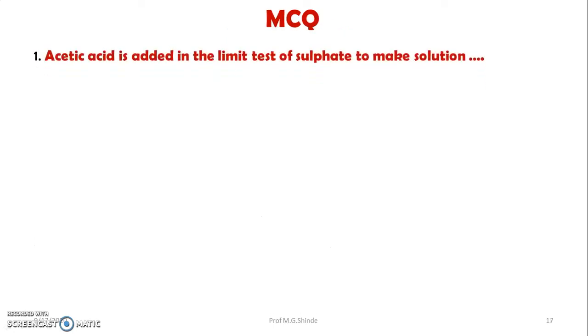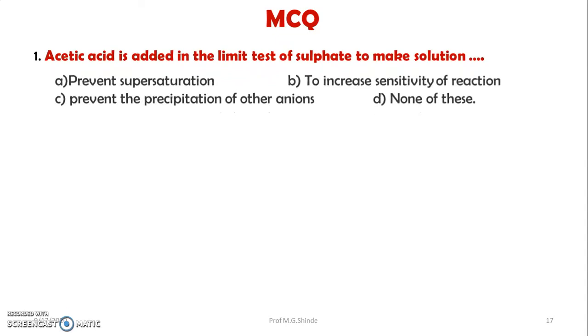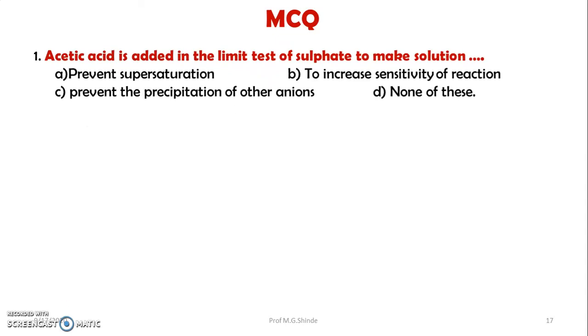Now there are some MCQ questions. First question: acetic acid is added in the limit test of sulfate to make the solution: prevent supersaturation, increase sensitivity of the reaction, prevent the precipitation of other anions, or none of these. The correct option here is prevent the precipitation of other anions.